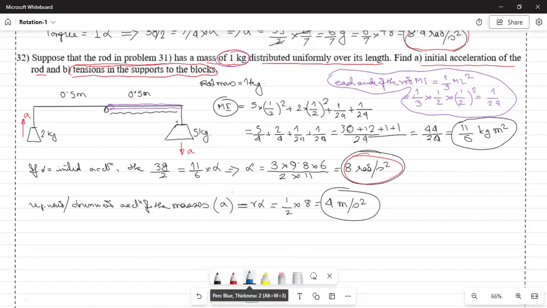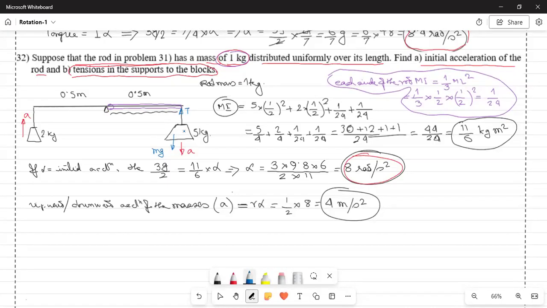If you consider the free body diagram of this 5 kg mass, there is the upward tension T, right? And there is a downward gravitational force which is equal to mg.